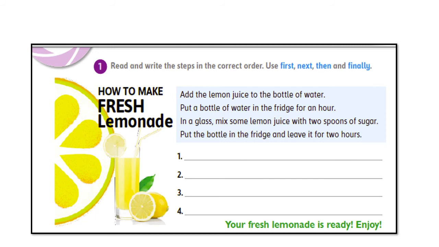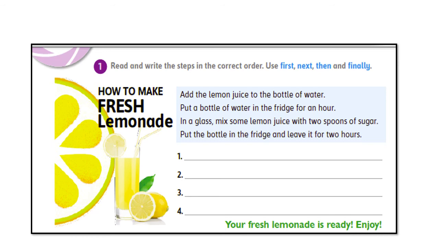Add the lemon juice to the bottle of water. Put a bottle of water in the fridge for an hour. In a glass, mix some lemon juice with 2 spoons of sugar. Put the bottle in the fridge and leave it for 2 hours.